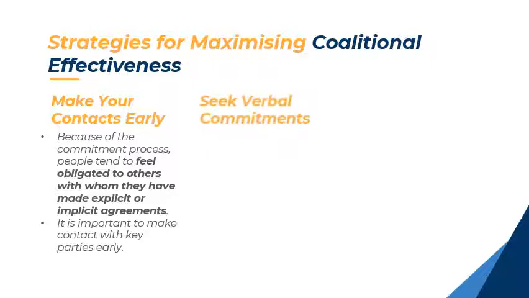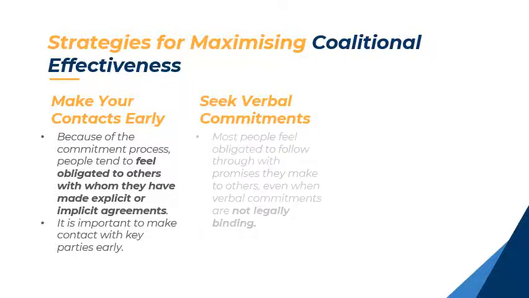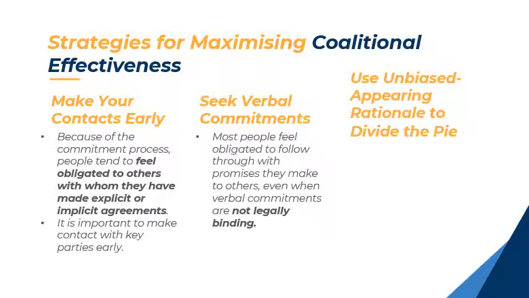The next one is seek verbal commitments. Most people feel obligated to follow through with promises they make to others, even when verbal commitments are not legally binding. And the last one is use unbiased appearing rationale to divide the pie.